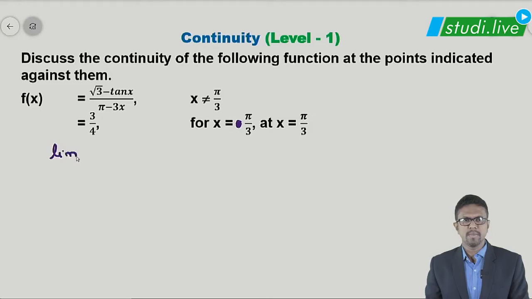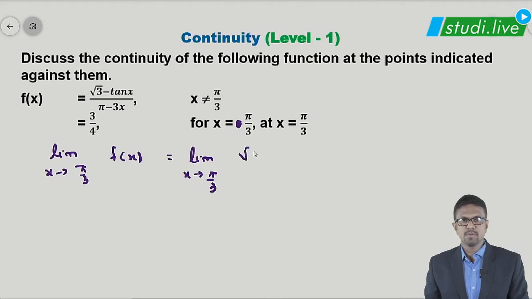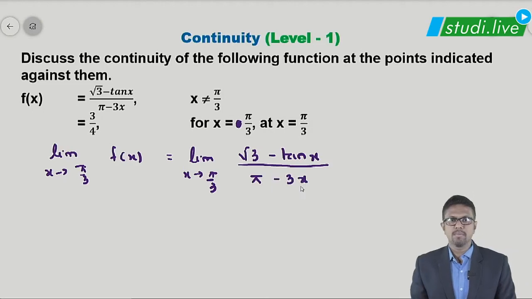So, let us find the limit when x tends to pi by 3 for the function f of x. So, what is limit x tends to pi by 3 f of x? f of x is root 3 minus tan x upon pi minus 3x.